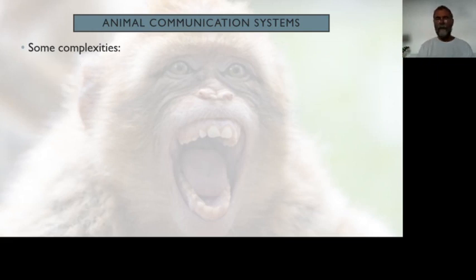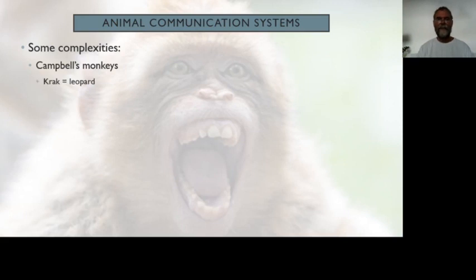Another example of an animal communication system that involves the combination of elements to form complex expressions is from a group of monkeys called Campbell's monkeys. Now, like other monkeys, Campbell's monkeys have sounds, calls, which have a single meaning, so one call, one meaning.